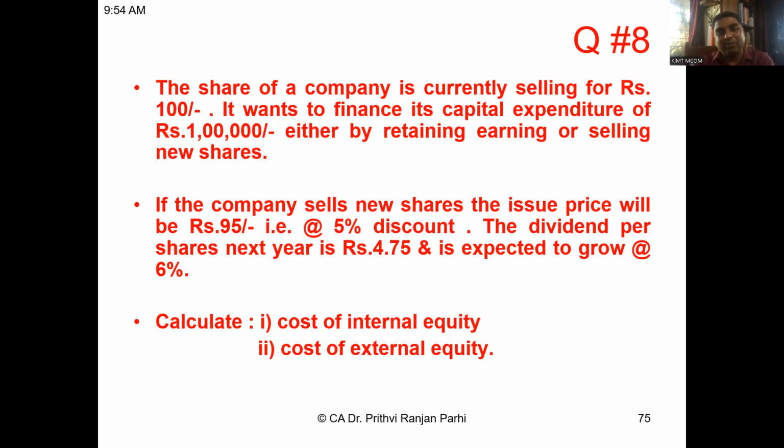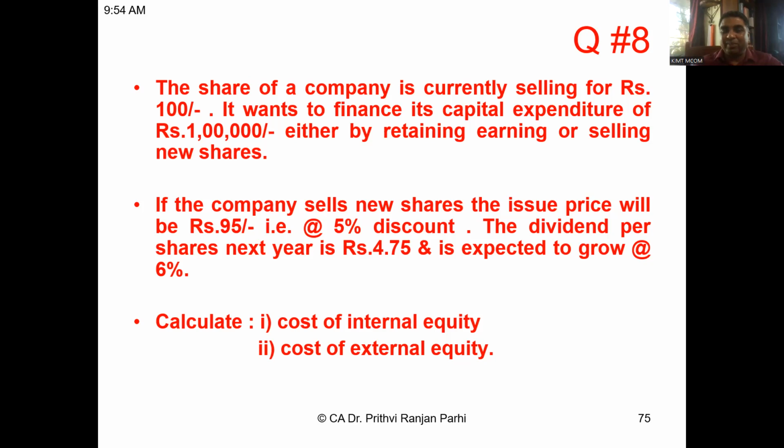The question is asking you to calculate the cost of internal equity and the cost of external equity. Very easy. Apply that formula. Internal equity means reserves. External equity means cost of equity you have to calculate.